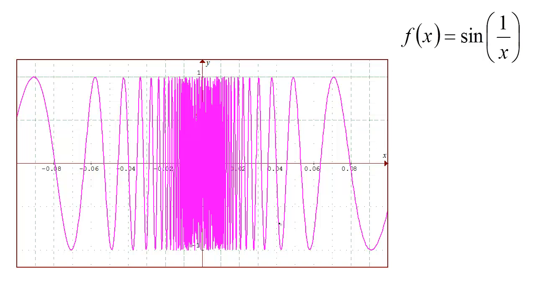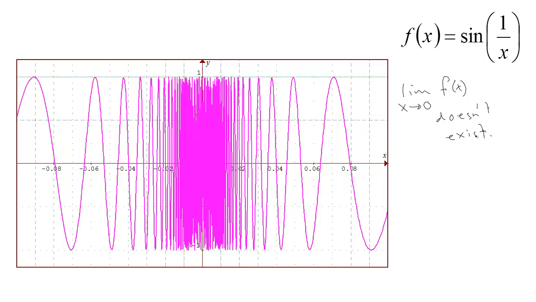Okay, this function has more serious problems. Remember, this sine 1 over x, as x tends to 0, 1 over x gets larger and larger and larger, and so all of the oscillations that sine does as it goes along get packed in so that we have infinitely many. So in this case, the limit as x tends to 0 of f of x doesn't exist.